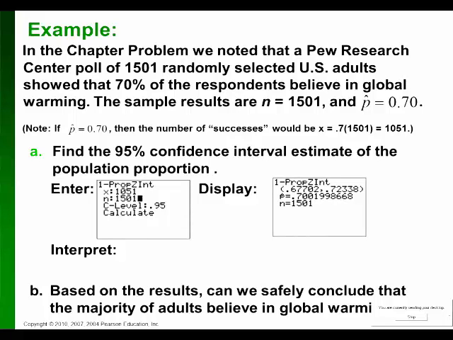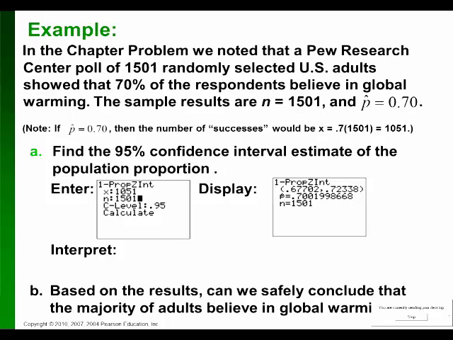Oh, no. You did one prop Z test instead of one prop Z interval. Oh, okay. Scroll all the way down to A. Make sure you have one prop Z interval, not one prop Z test. All right. One prop Z interval, that looks good.